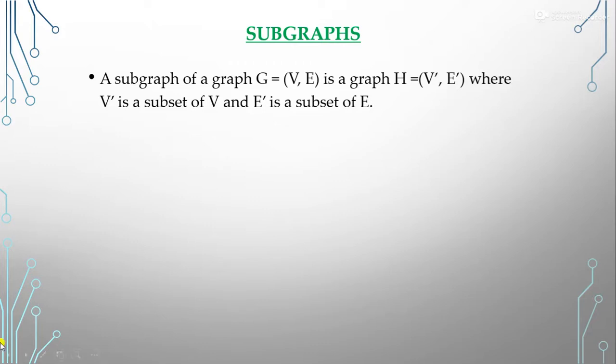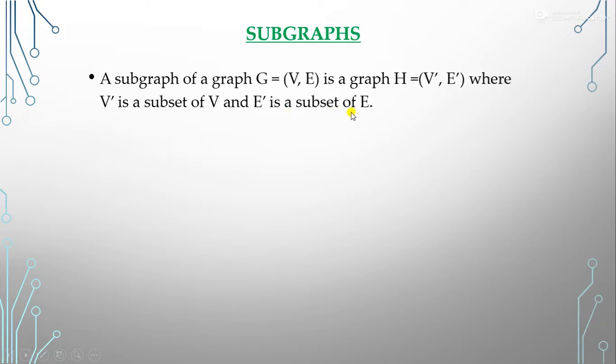So a subgraph of a graph G is also defined with vertices and edges. A subgraph is a graph H. Suppose we say that the subgraph is H and the vertices we denote by V dash and edges are E dash, where V dash is a subset of V and E dash is a subset of E. So what does it mean?